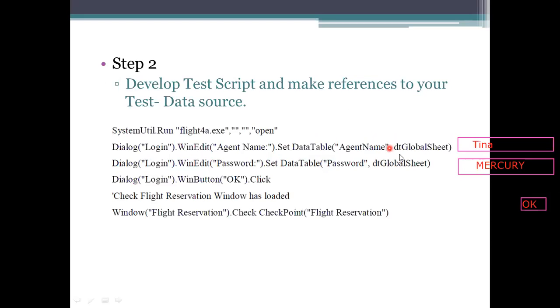This is the name of the sheet we are using here. So set data table agent name as a DD global sheet here. We need to check whether the agent name is Tina or not. As it is there, then it will be processed.